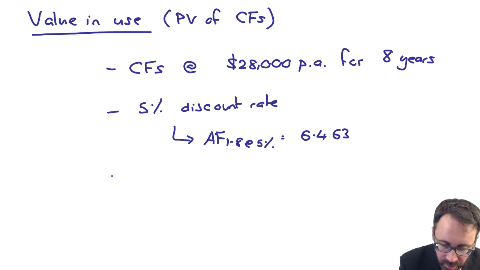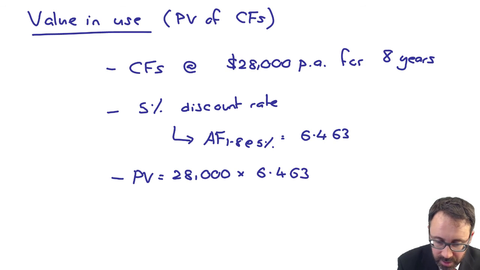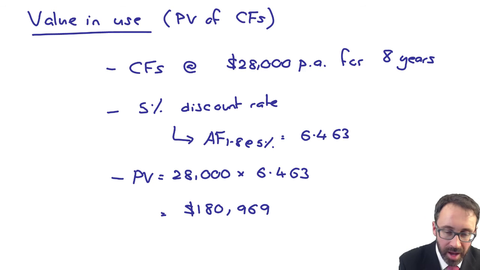Okay. So therefore, what you then have is the present value is 28,000 multiplied by 6.463. If you tap that on your calculator, I think that gives you, is it 180,969.